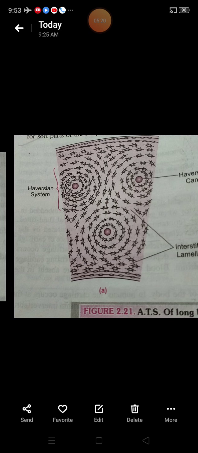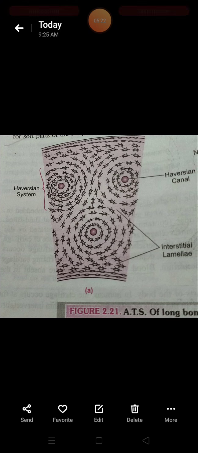Next one is the bone. You can see bone cells, or osteoblasts, are arranged in rings, and this ring is termed a concentric ring.